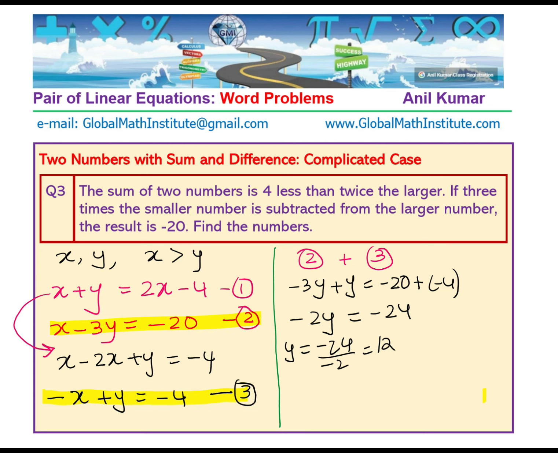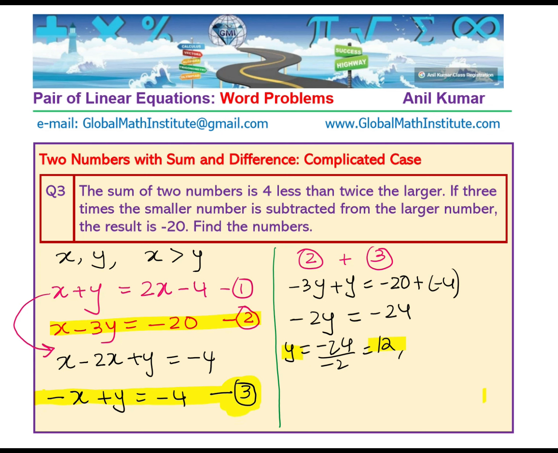Once you get the value of y, you can use one of your equations and then find the value of x, right? So I'm going to use the equation 3, right? So we'll substitute y equals to 12 in our equation number 3. Makes sense? So what do we get?